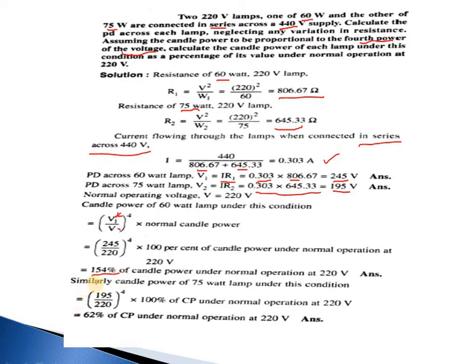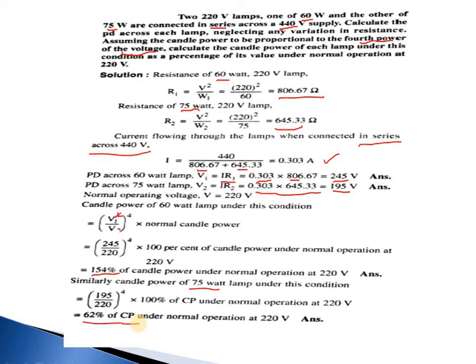Similarly, we will do it for the 75 watt lamp, and we will get the value of 62% of candle power under normal operation at 220 volt. That means if the wattage is more, the resistance is less.